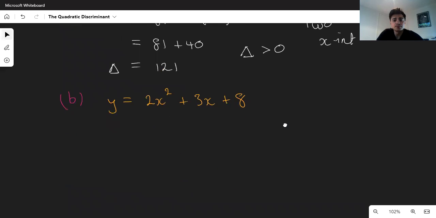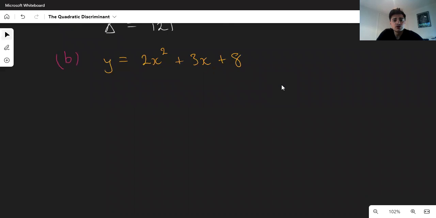Let's do another example. 2x squared plus 3x plus 8. We will take whatever our values for a, b, and c are, and we'll put them into the discriminant formula. So b is 3.